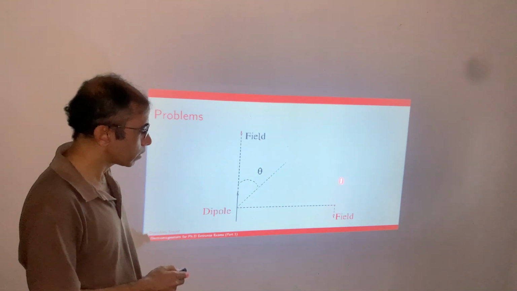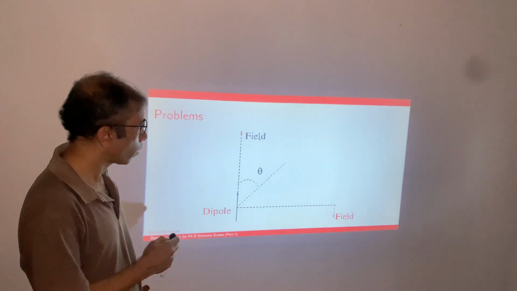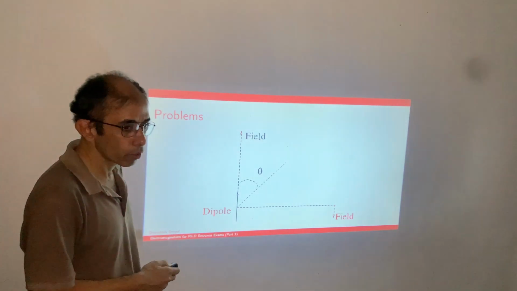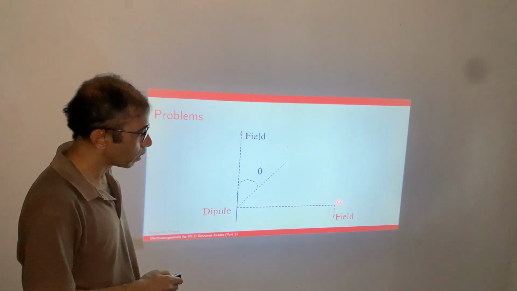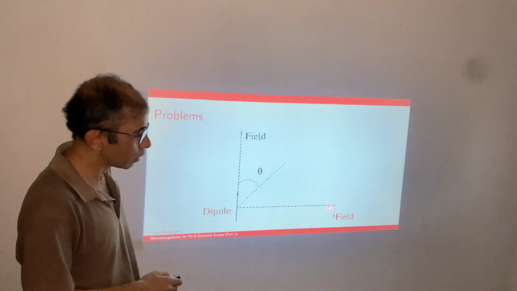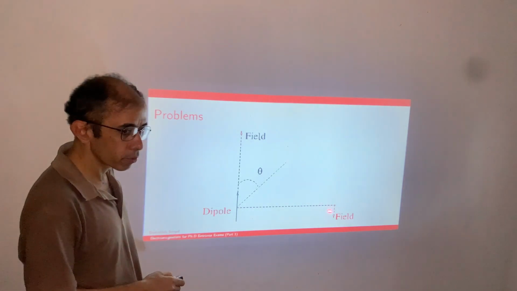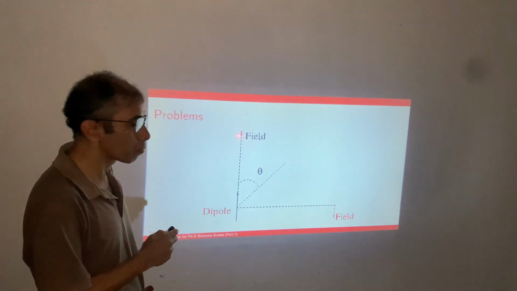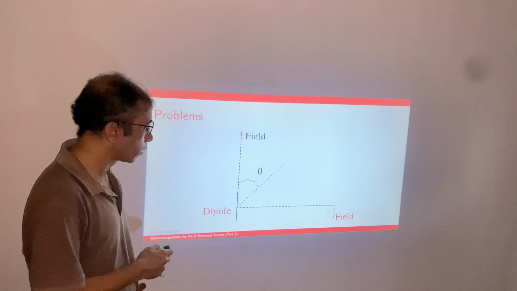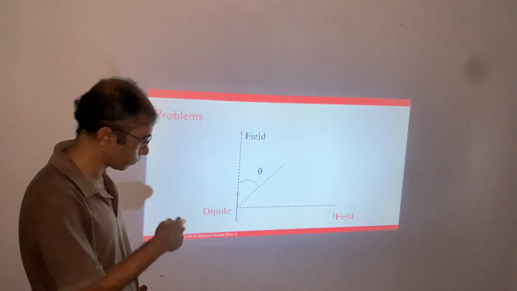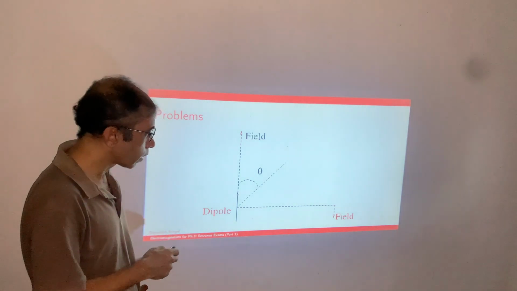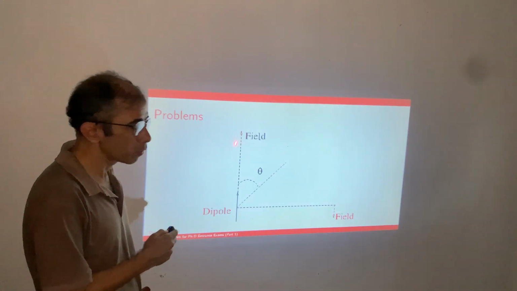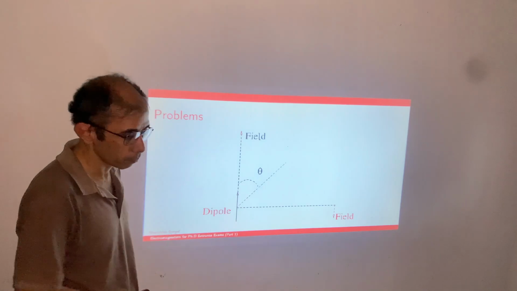Now, if we place a dipole here and a dipole here, this dipole will orient itself in the direction of the field that it experiences here due to this dipole. And if I place a dipole here, it will align itself in a direction which is in the direction of the field due to this dipole.